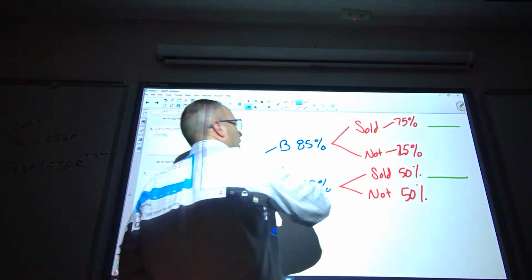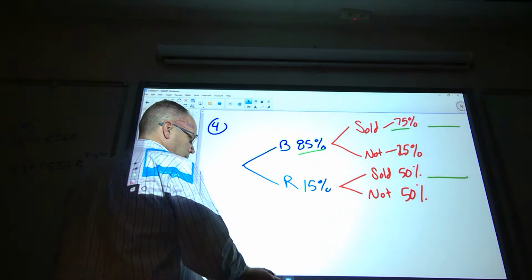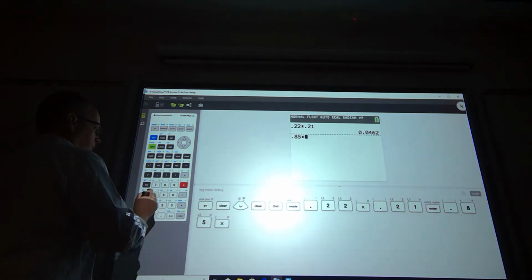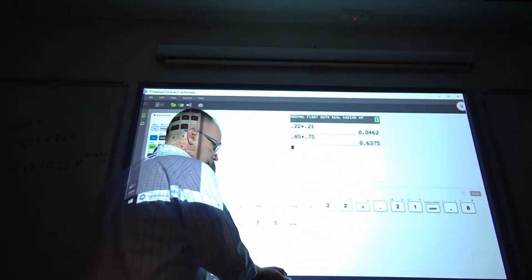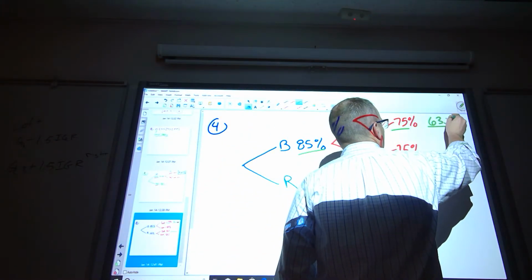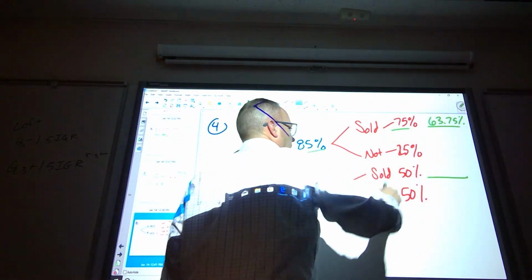So in order to go there, I'm going to go 0.85 times 0.75. That gives me 63.75. And then I'm going to do this path, 0.15 times 0.50.